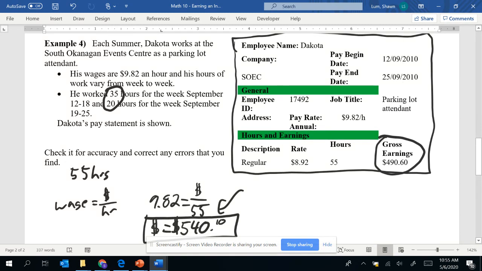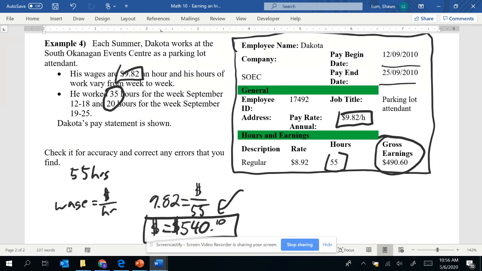Okay. And this is very common for people to make mistakes on pay statements, and you don't want to have this happen to you. So you should be checking your pay statements over regularly. So first they have my wage. Okay. Looks good. $9.82. That's good. My pay periods. So I should be at 55 hours.